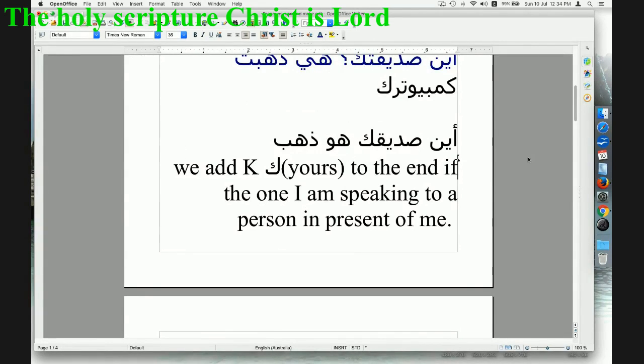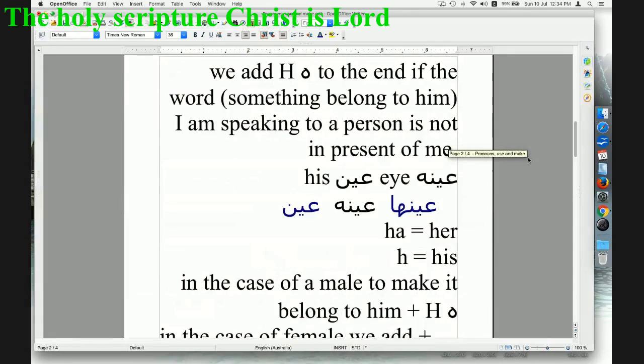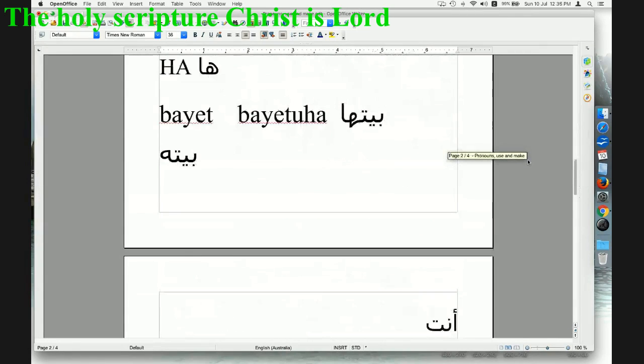We go back now, and we will speak about what we covered: individual, her and his. Something belonging to you, like that letter ka, for him or for yours and for her. But now how can we speak about a group?